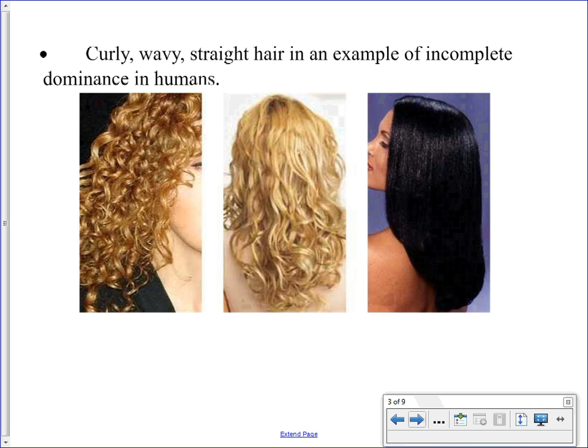We are talking about hair, so why don't I just use an H? I'm going to use just a capital H on its own to represent curly, and again a capital H with a little prime to represent the straight. So the intermediate form in this case is going to be the wavy.